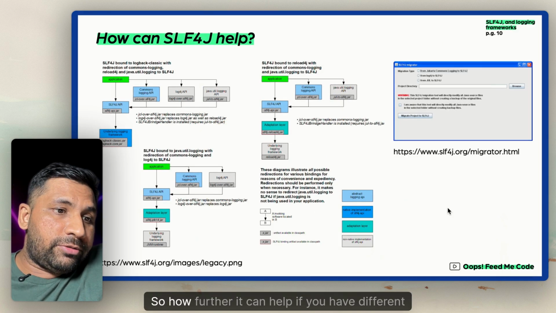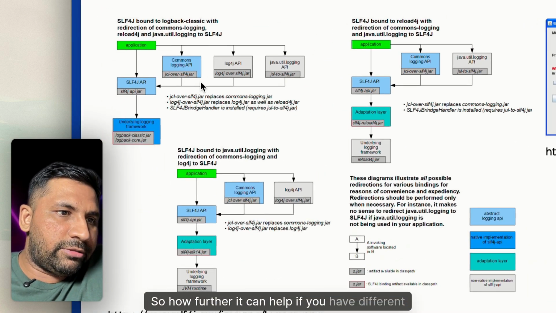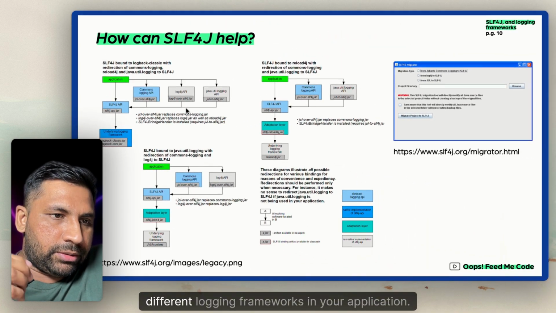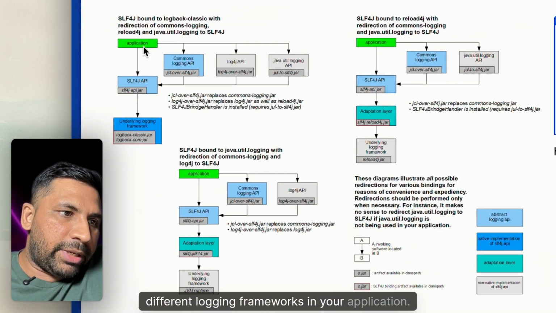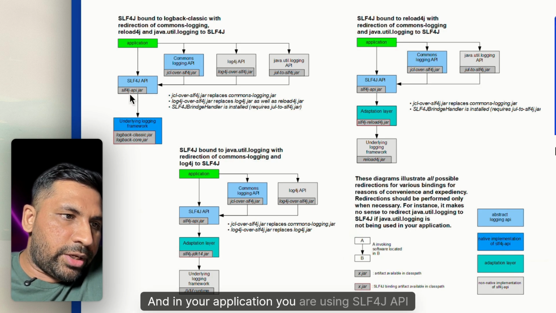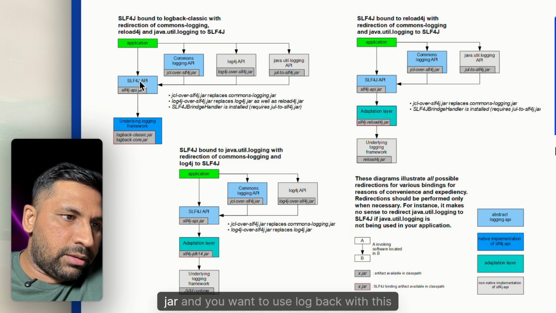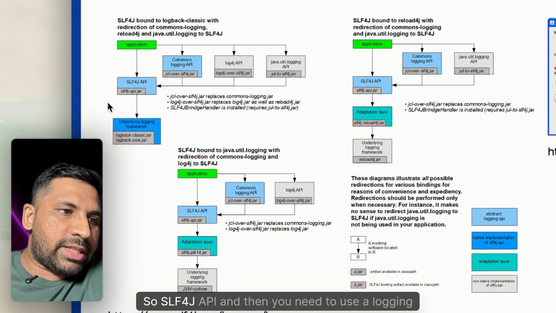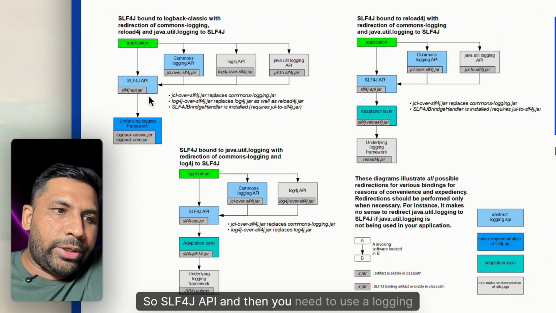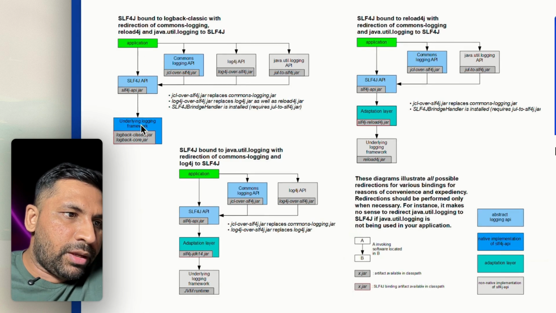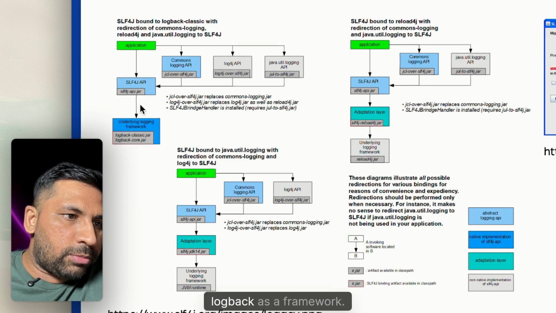So how can it help further? If you have different APIs or different libraries which are using different logging frameworks in your application. So this is the application, and in your application, you are using slf4j-api.jar, and you want to use Logback with this SLF4J API. Then you need to use a logging framework, so here in this application, you are using Logback as a framework.